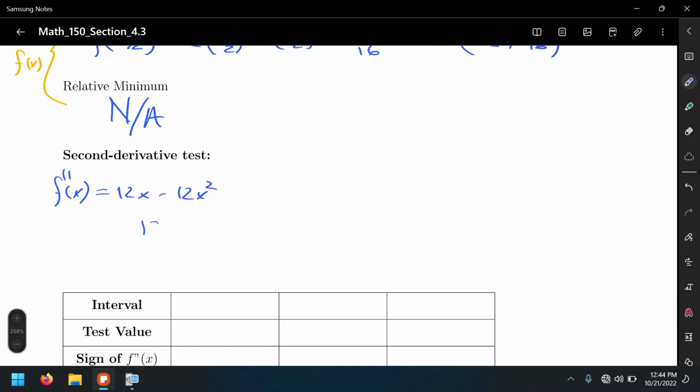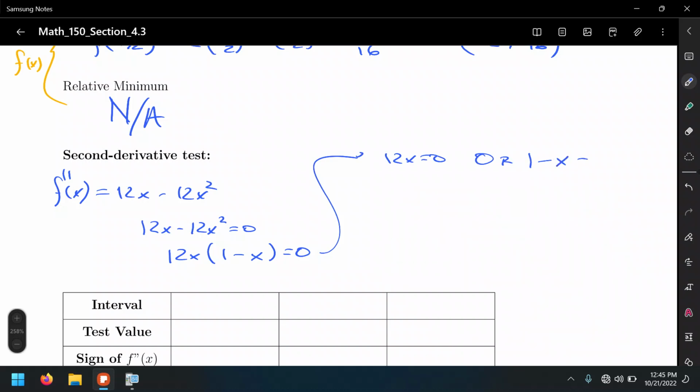And set it equal to 0. 12x times 1 minus x equals 0. When we use the zero product property, that's 12x equals 0, or 1 minus x equals 0. Here, x equals 0 and x equals 1. So these are going to be our two hypercritical values.